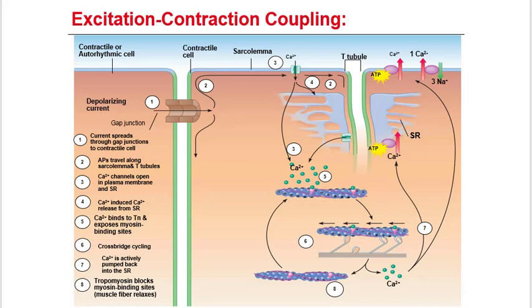But the differences that we see when we look at this similar looking diagram is, first, there's a lack of external nerve stimulation, so you don't see any synapse up at the top with the somatic motor neuron, because this is involuntary muscle. So we just want to remember that the pacemaker is setting the rate of depolarization. So it's internal, it's from within the organ itself, no external stimulation.